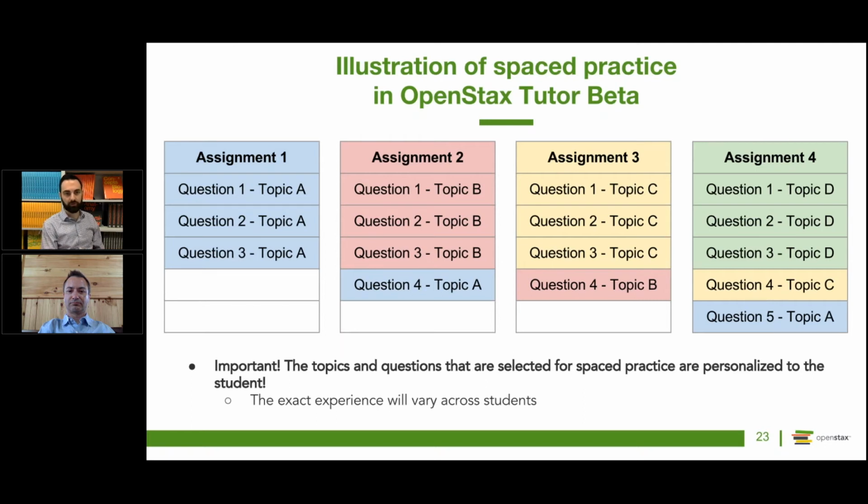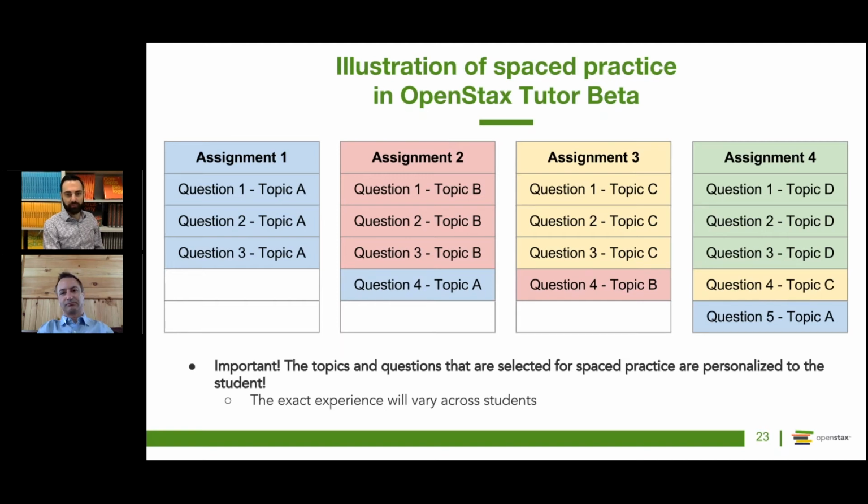On the first assignment, you only practice topic A. On the second assignment, you practice topic B, but then we fold in a question from topic A. And so we remind the student about what they learned previously. Then on assignment 3, they learn a new topic, topic C, and we fold in a question from topic B. And as they continue going on, they continue getting more questions from previously learned topics over time.